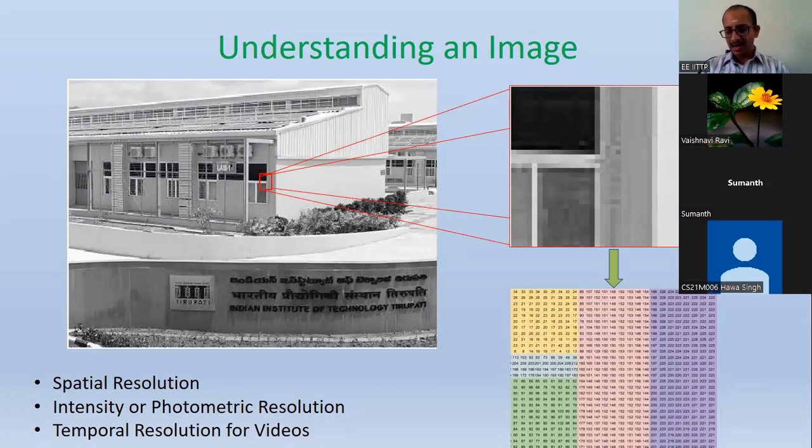And there is another thing that is usually considered for understanding how well we capture the details of a scene, in terms of videos, and that is referred to as temporal resolution. If I want to perform a processing task, I can take a conventional camera and process at 30 frames per second.